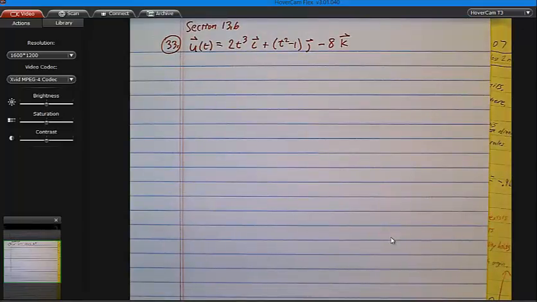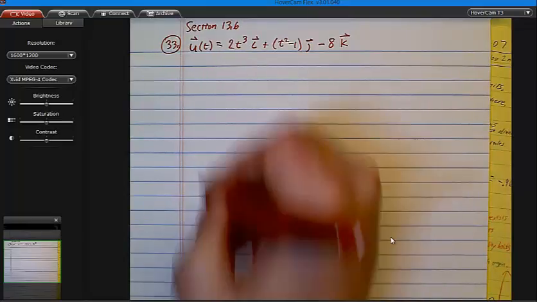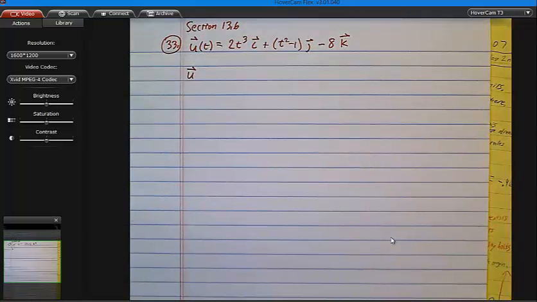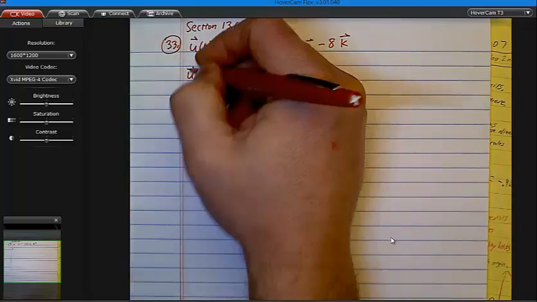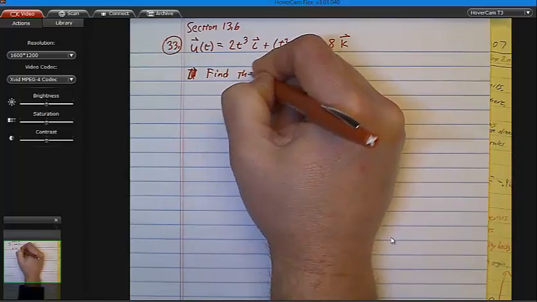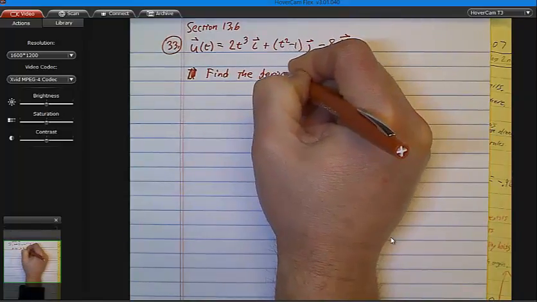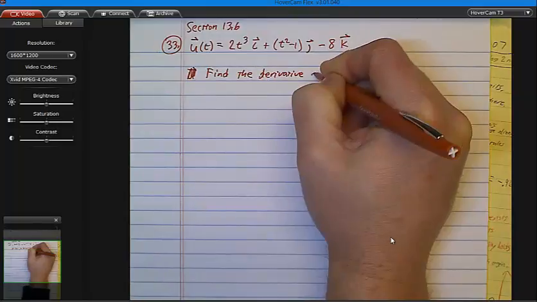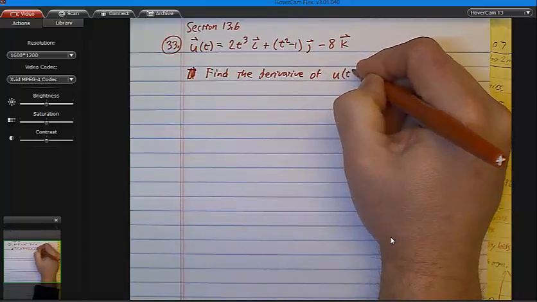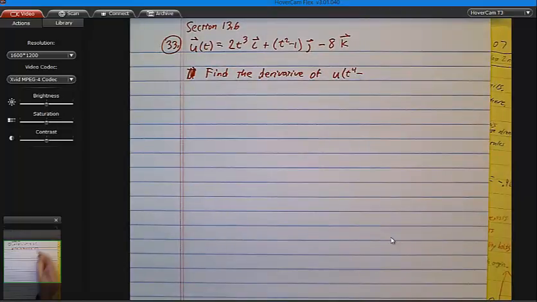Okay? And they also gave me vector v, but I don't need it for this problem. Problem 33 asks me to find, no, it asks me to find the derivative. Okay, so it says find the derivative of u of t to the fourth minus 2t.